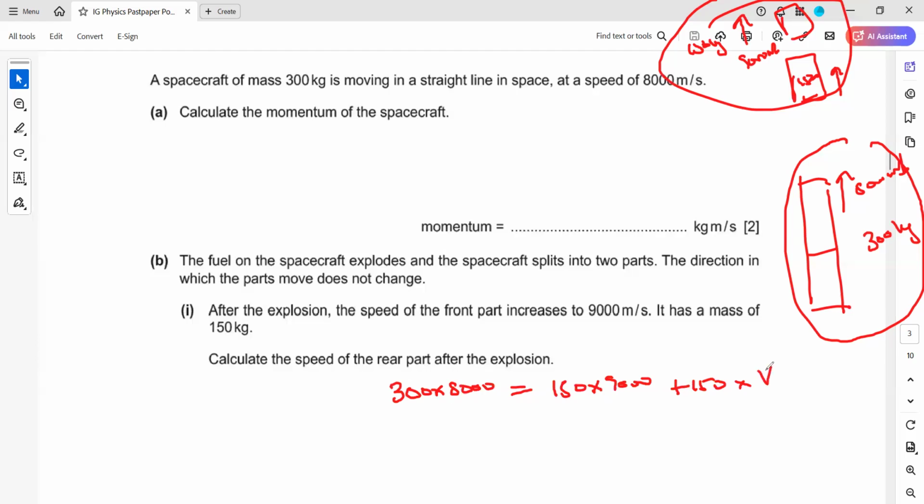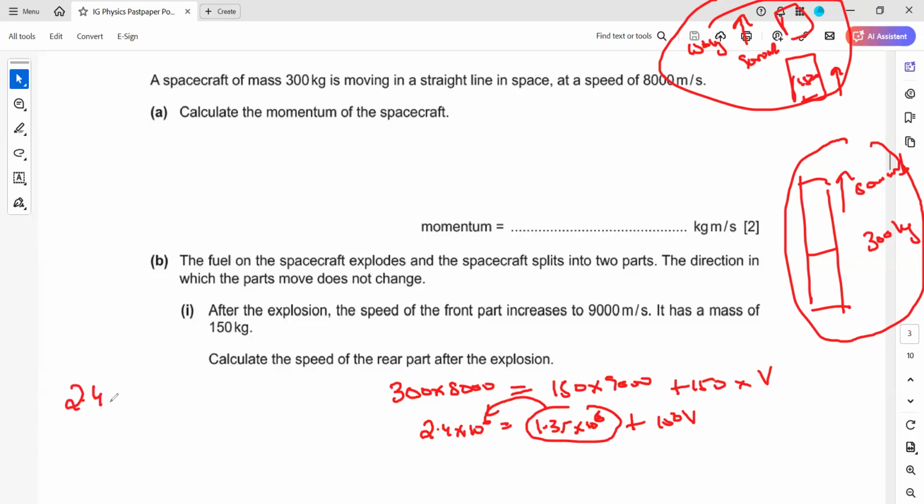After forming the equation, we have to solve. Why do we subtract? Because it's a mathematical rule. If you see 2.4 exponent 6 here, and this was 1.35 exponent 6 plus 150 V, this is added on one side. So when we move anything to the other side of the equal sign, we subtract it.